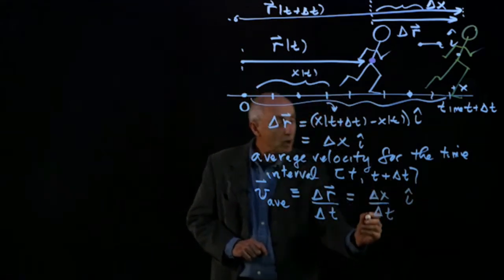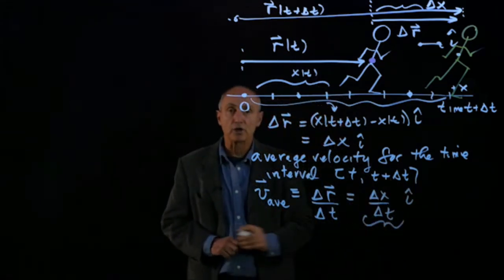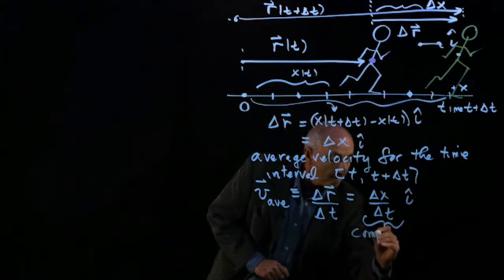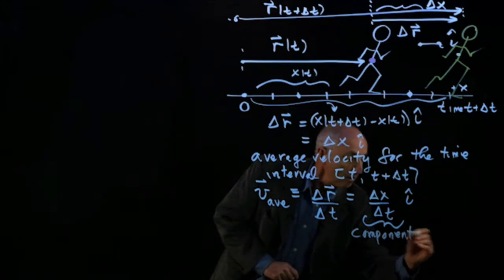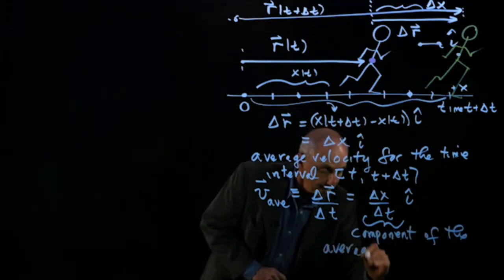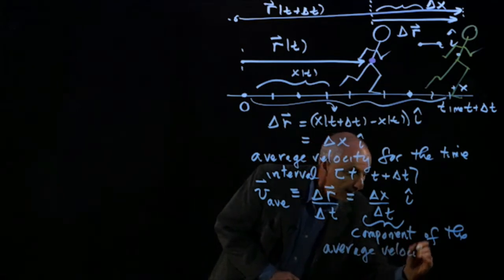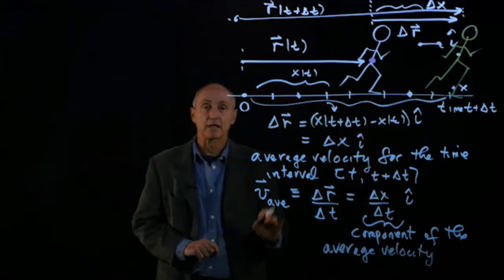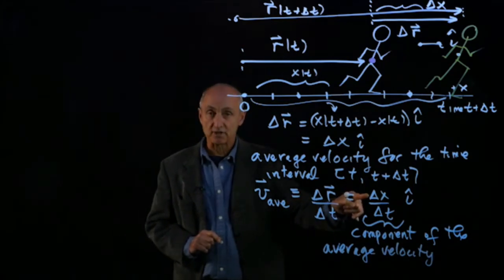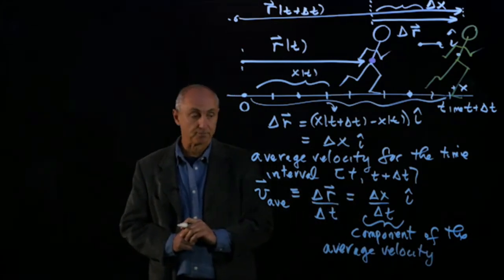And this component here is what we call the component of the average velocity. And again, as before, this component can be positive, 0, or negative, depending on the sign of delta x.